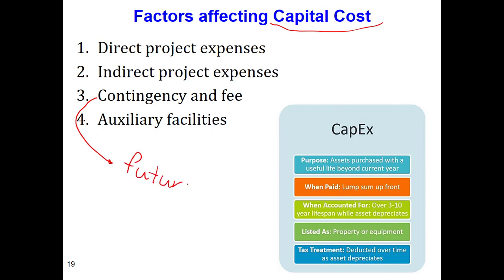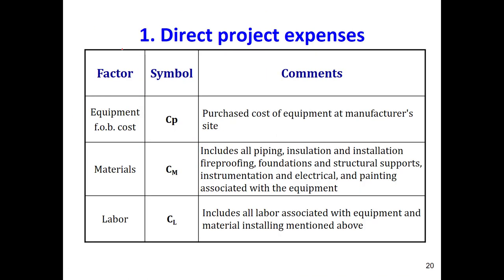It can be any disaster, some accident, some expenses that we cannot really predict, some other fees, and auxiliary facilities. Let's say utilities that we need to build to operate the plant. So let's start with each of them, and then we will see what they are.